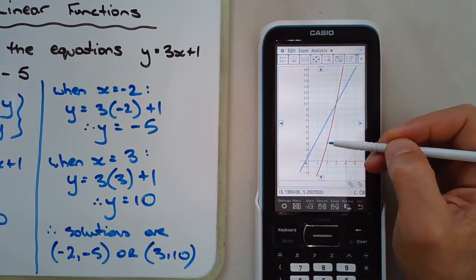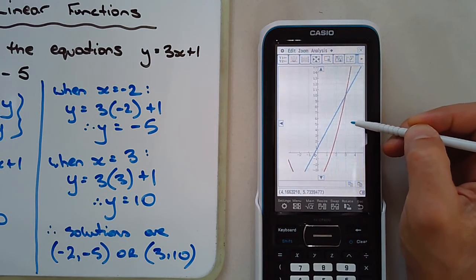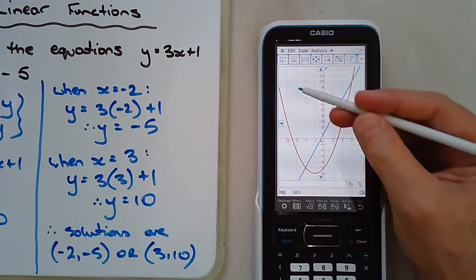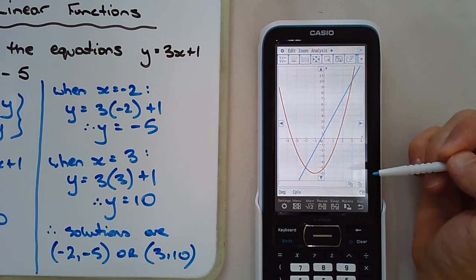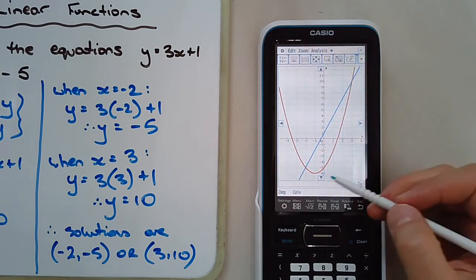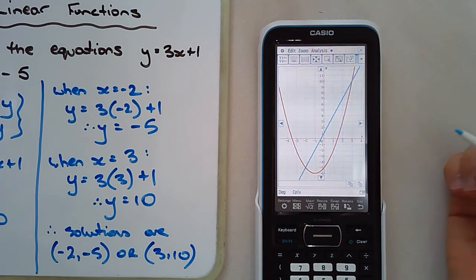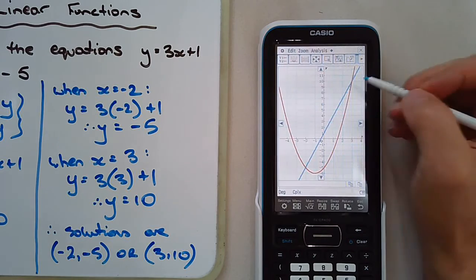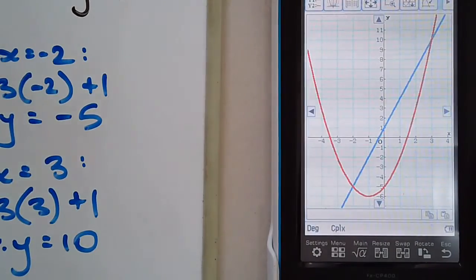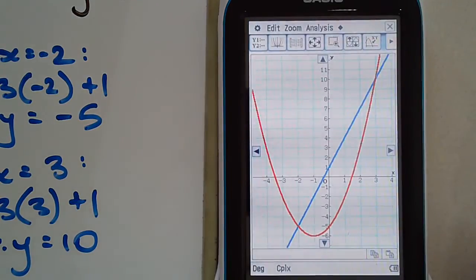So we can see the red curve here is the parabola, y equals x squared plus 2x minus 5, and obviously the blue line is the linear equation, y equals 3x plus 1. We can see that that's one point of intersection there. I'll zoom in a little bit so you can see that. Maybe once more.